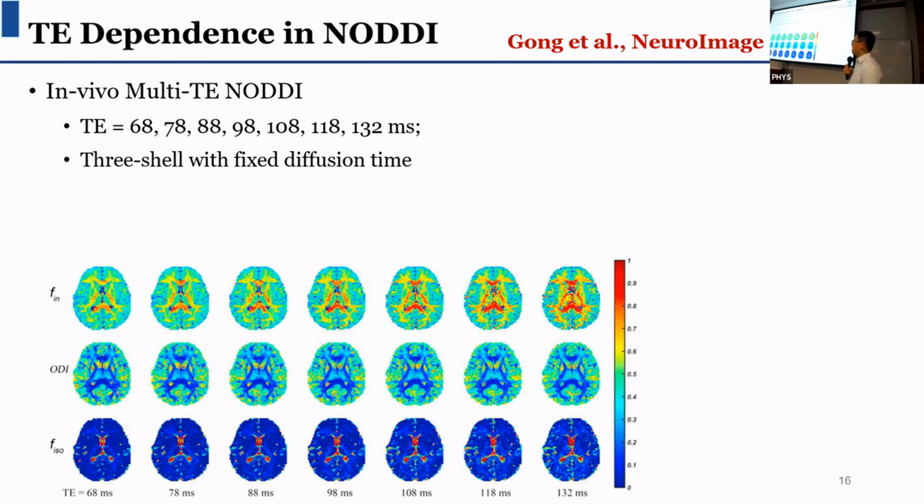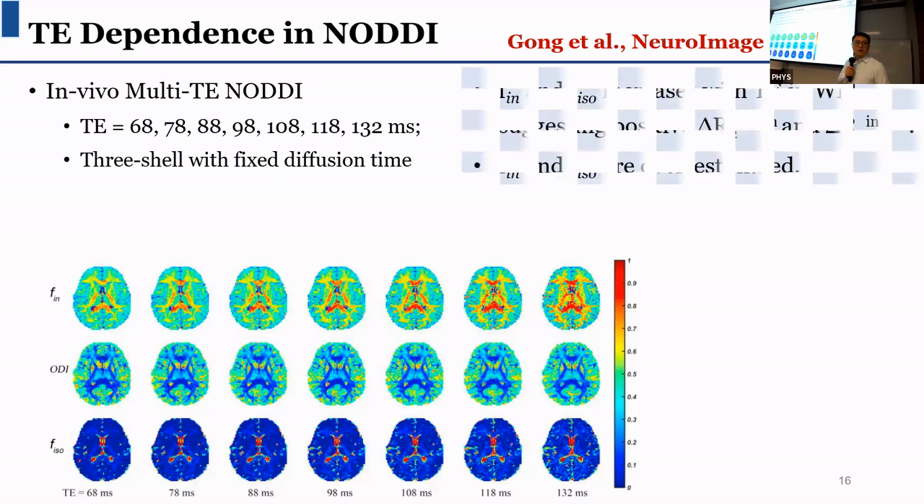You can see how the intra fraction goes up when you increase the T time. This is very similar to the previous DTI study. But the ODI, which gives you the dispersion of the axons, doesn't change too much with the T time.